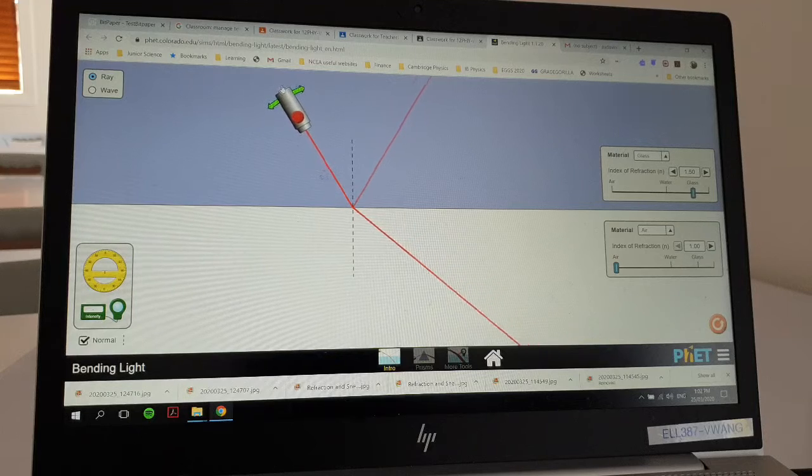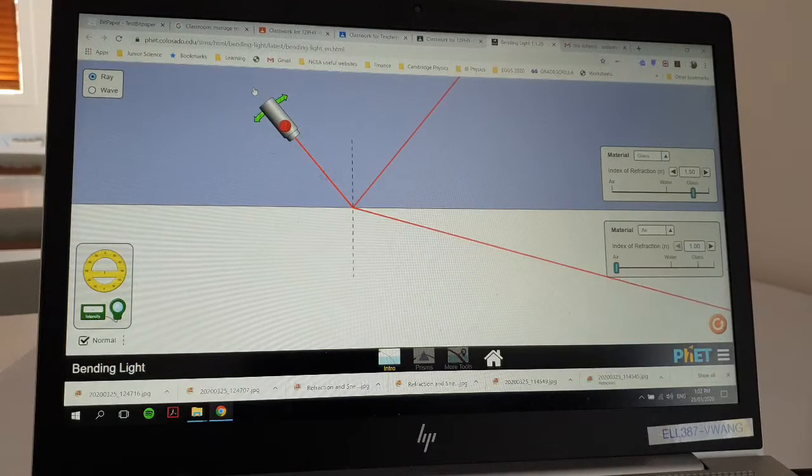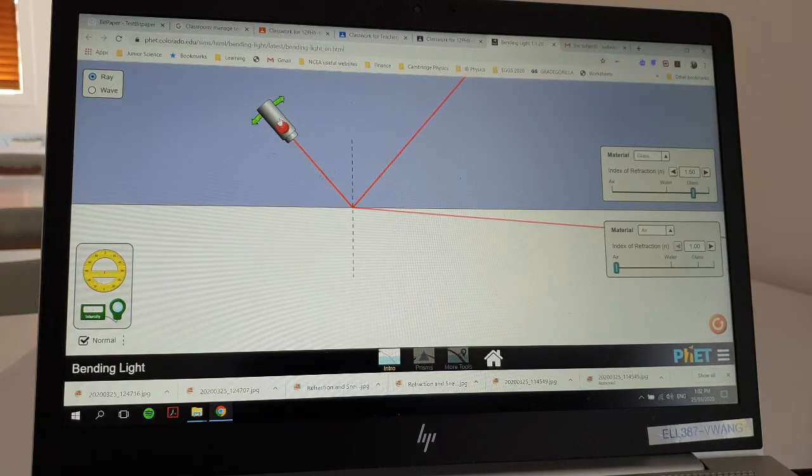Now here's a very important thing: when does it first start to happen? It first happens when the refraction angle is 90 degrees. If it's exactly 90 degrees, you can see the refracted ray disappear. This incident angle we give a special name: the critical angle.